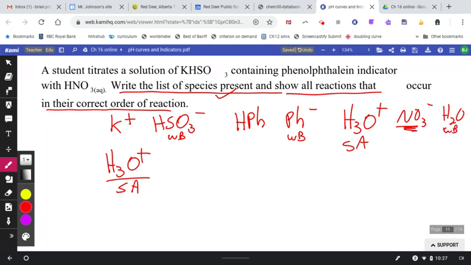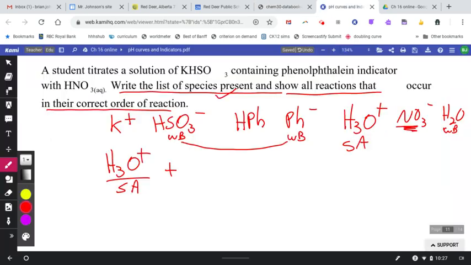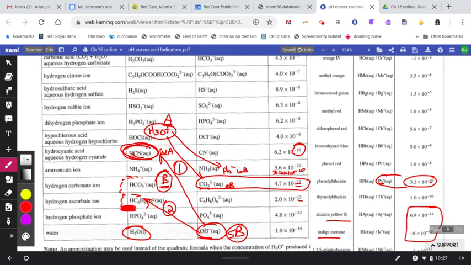Weak base. Okay, so I think the issue is between these two. Well, I know it is. HSO3 minus or Ph minus. Which one is stronger? HSO3 minus or Ph minus? This is a mess. Okay, I'm going to make all this disappear.